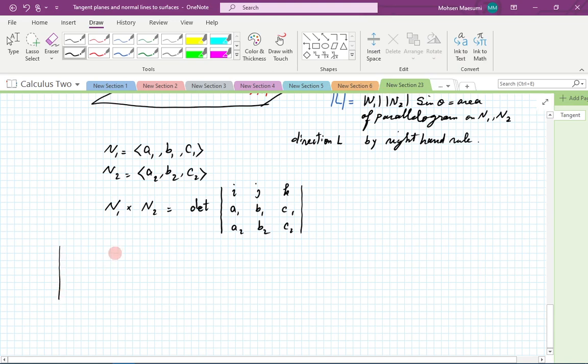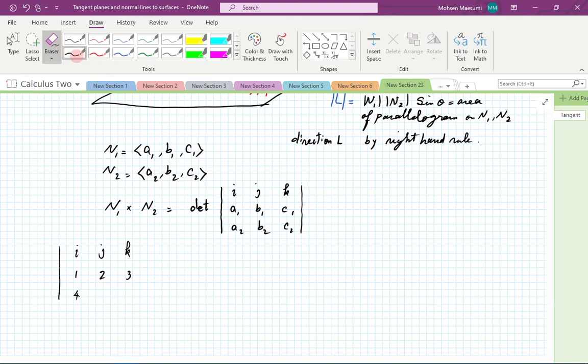Here, let me do something with numbers, and then that will give you an idea. Suppose A1, B1, C1 was say 1, 2, 3, and this one was 4, 3, and well, let's put different numbers so that they don't collide with each other.